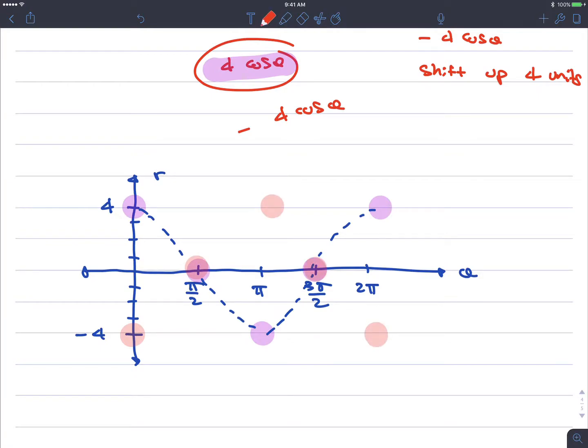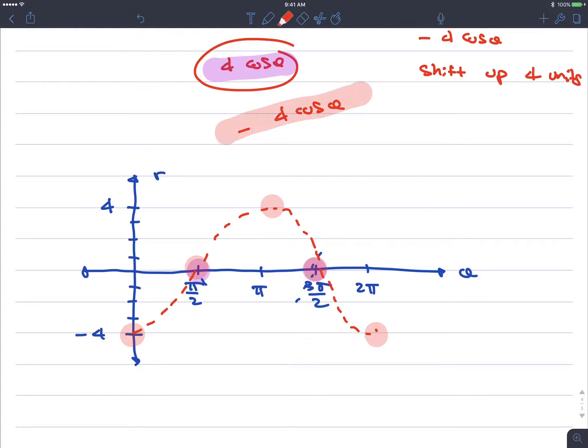Reflect this about the theta axis. Now, personally, I'm going to get rid of all the other stuff I don't need here. Starts to confuse me and get in the way. So what I'm saying here is this is kind of a sketch, not a very nice one, of negative 4 cosine theta.